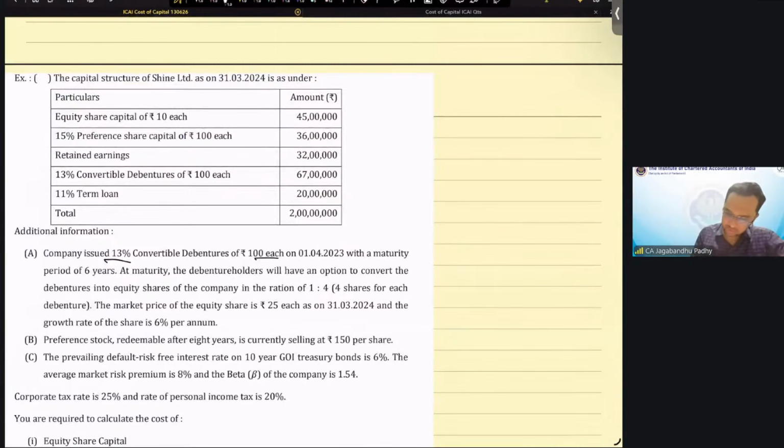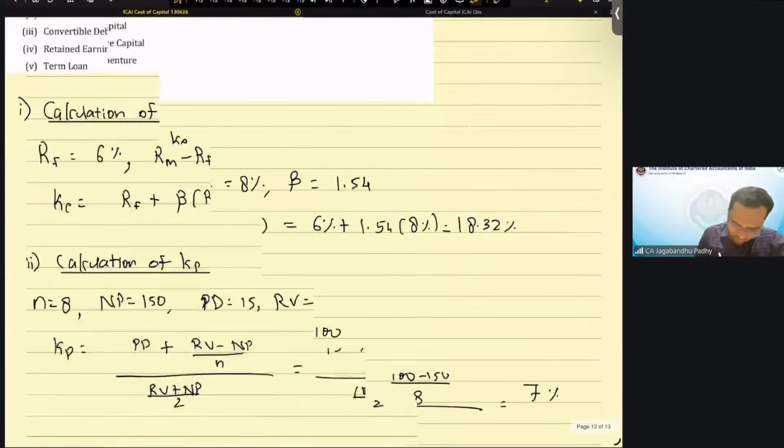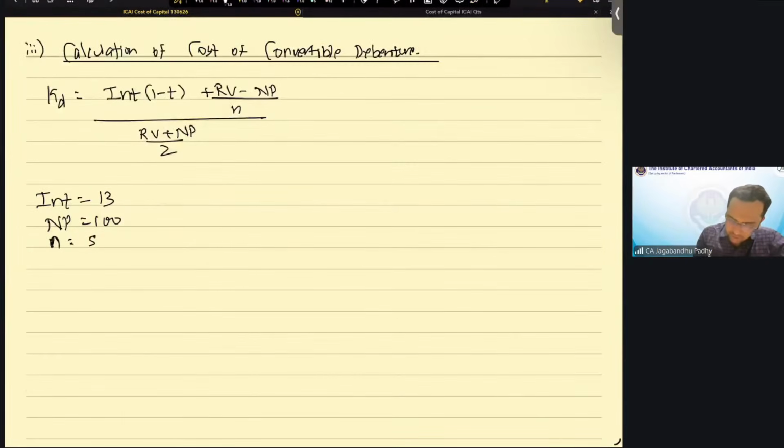At maturity, the debenture will have an option to convert to equity shares in the ratio 1:4. Okay, that's fine. So we have N as 5 years. Now the only thing that is unknown is the redemption value. What is going to be the redemption value?